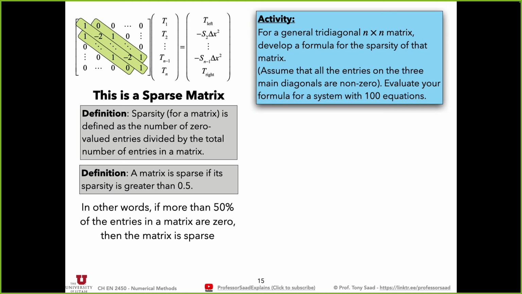Remember, the sparsity is the number of zeros over the total number of entries in the matrix. We know the total number is n squared. Just find the number of zeros, and then calculate the sparsity for n equal 100. So your sparsity formula will be a function of n, the number of equations. Take a minute. Think about that.